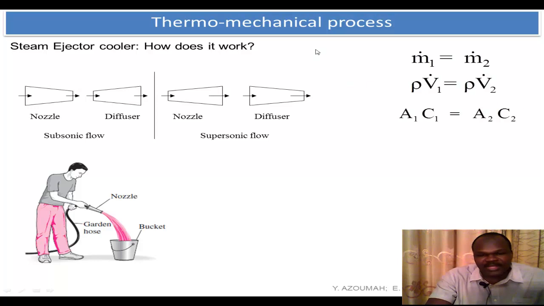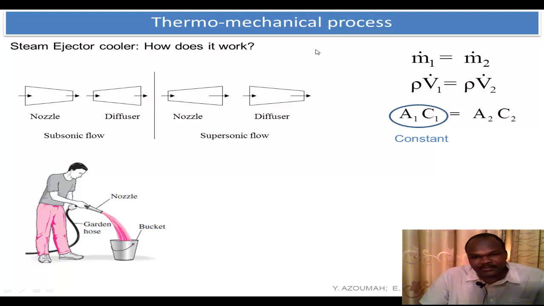And then if you maintain AC constant, the left hand side you maintain it constant, and then the right hand side, if you look at this figure here, A1C1 could be the entrance where the arrow is entering, and then A2C2 will be the exit. So in this case, if, for instance, you are reducing A2, for the constant to still be constant, what happens to C2? C2 will simply go up.